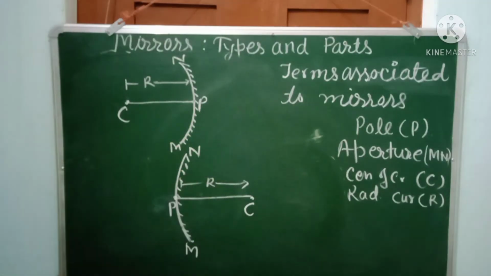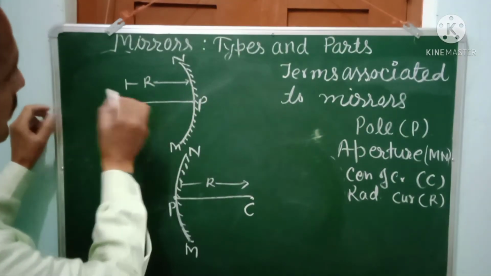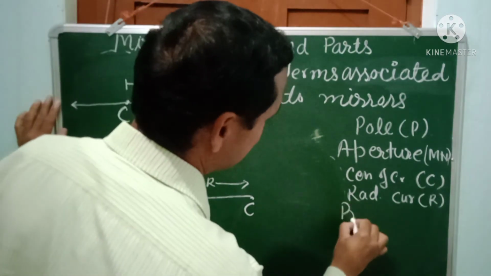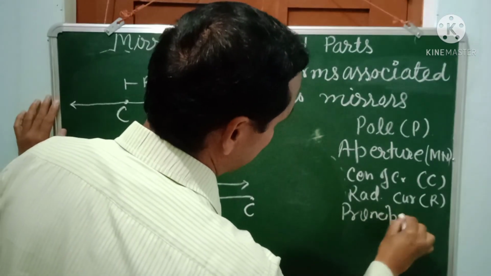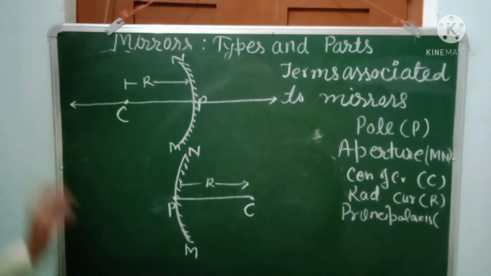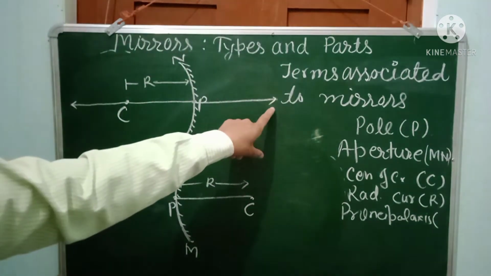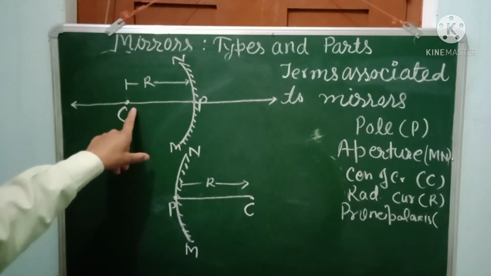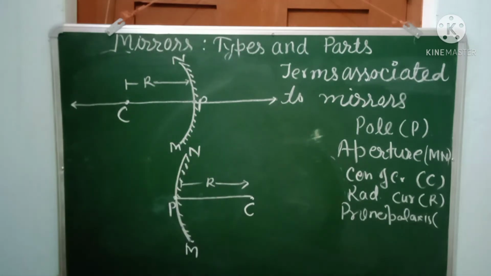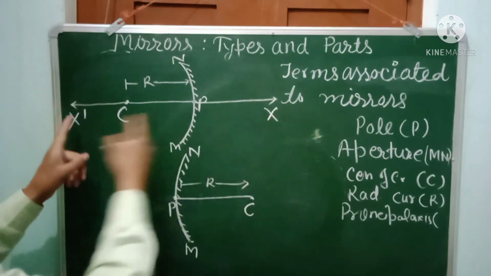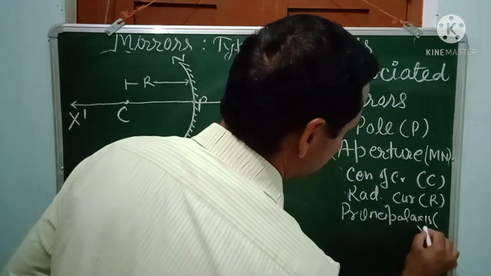A line passing through P and C is called principal axis. An imaginary line passing through P and C is called principal axis of the mirror and is represented as XX'. This XX' is called principal axis.